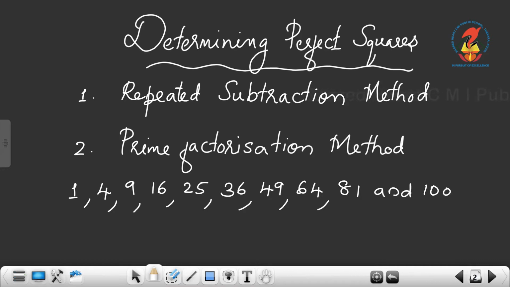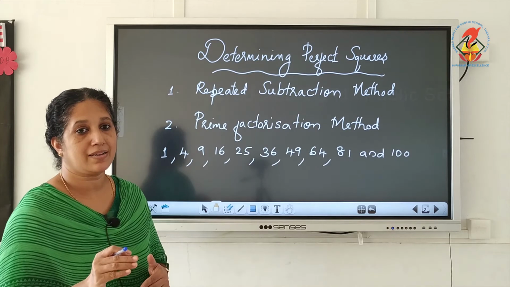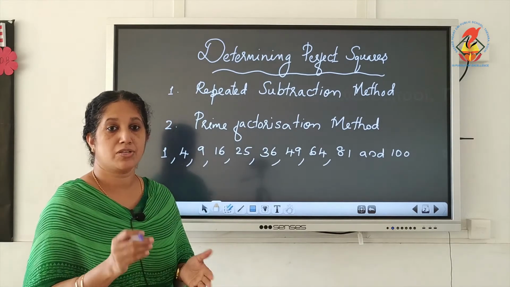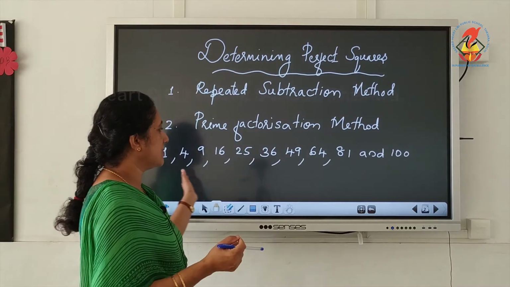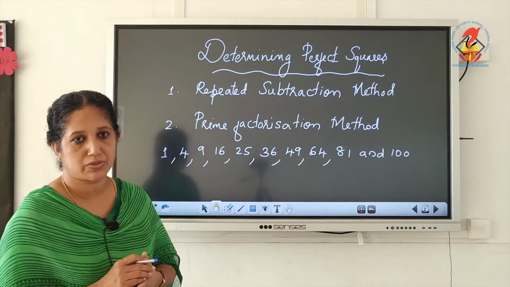These are the first 10 square numbers, and the rest of the numbers are not perfect squares. Square numbers are also known as perfect squares. So we can say that these are the first 10 perfect squares.